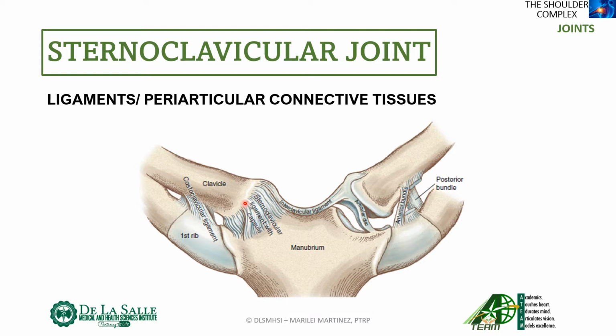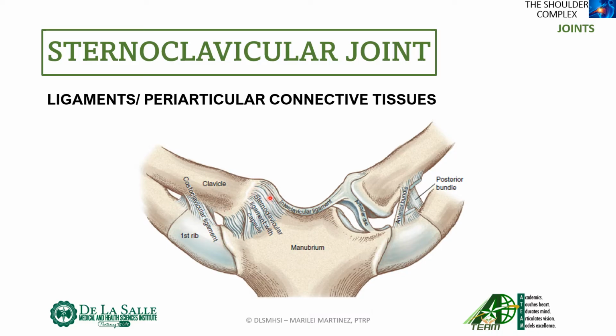From the name itself, sternoclavicular, its attachments are the sternum and the clavicle. So we have one ligament located anteriorly, the anterior sternoclavicular ligament, and another located posteriorly, the posterior sternoclavicular ligament. These ligaments blend with the joint capsule of the SC joint.